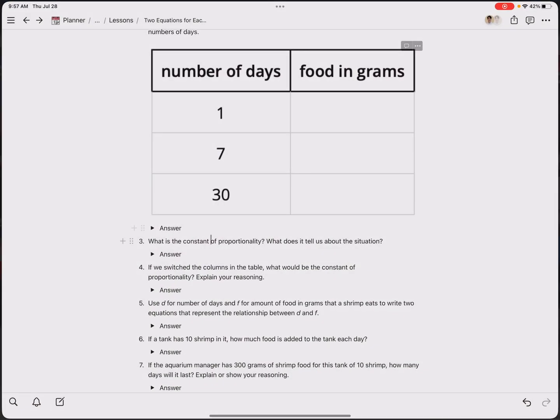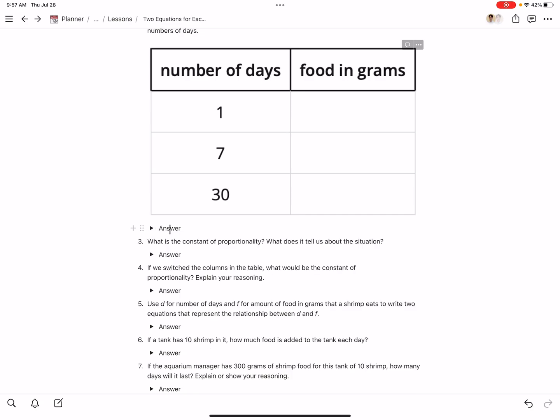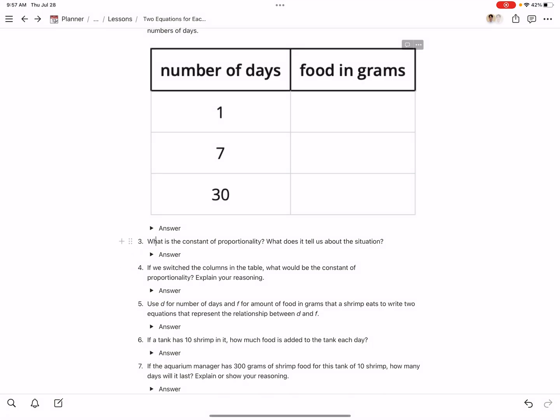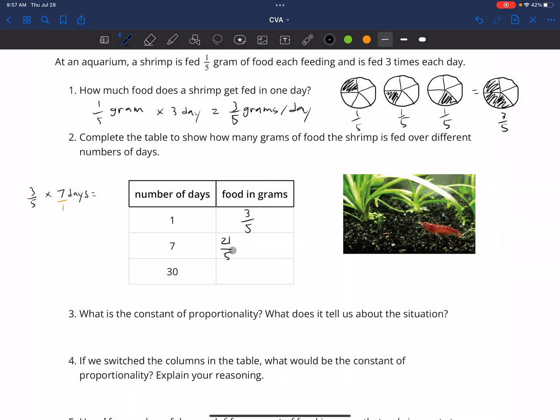Let me double check. Yeah, that's right. Then to make this into a mixed number, 5 goes into 21 4 times, and there's 1 remaining.